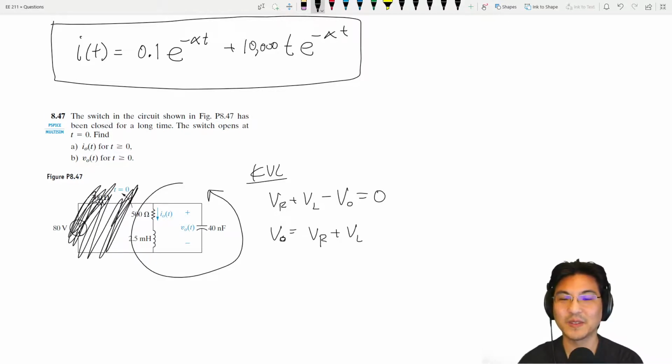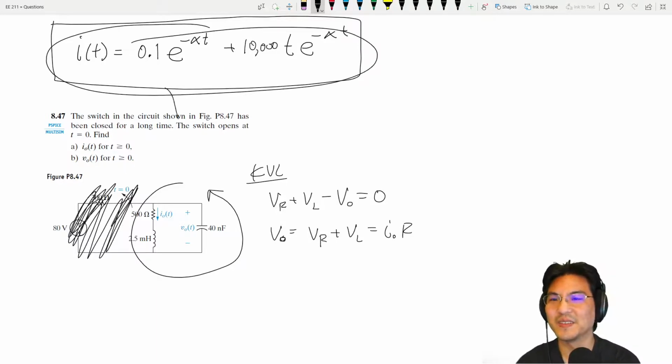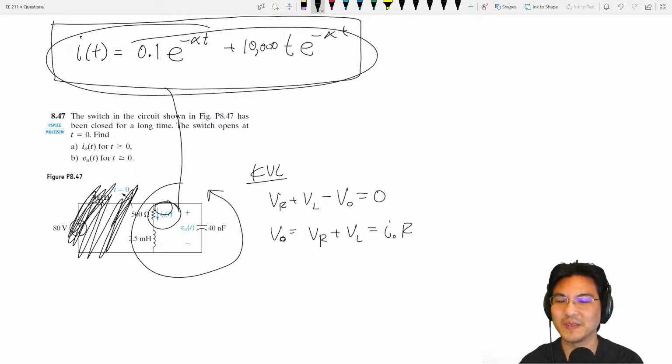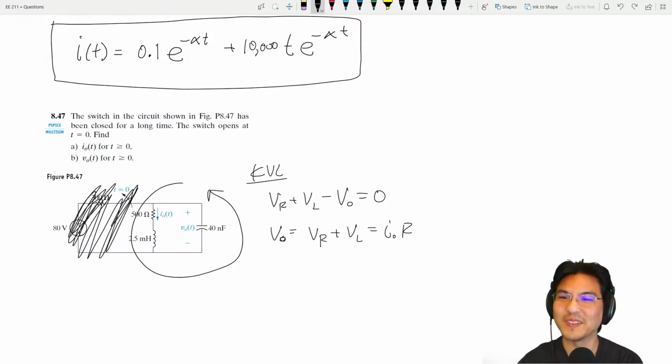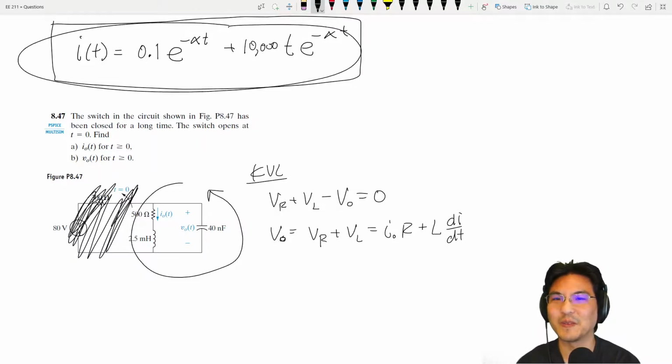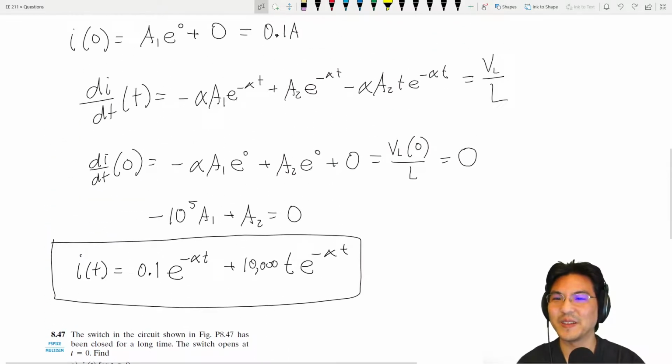So the voltage across the resistor, we know it's IR. And this is this, which we solved already in part A. And then the voltage across the inductor is L di dt. So then we just need the time derivative of this, which actually is right here.